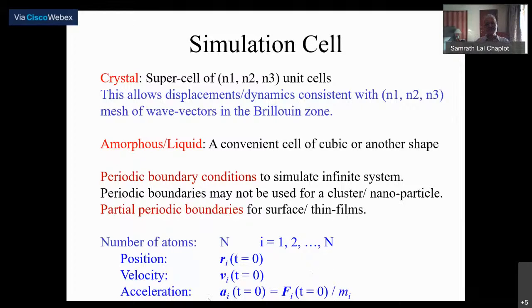And of course, as we said, forces will be calculated using whatever force field you have, whether an ab initio density functional calculation or an empirical potential force field.